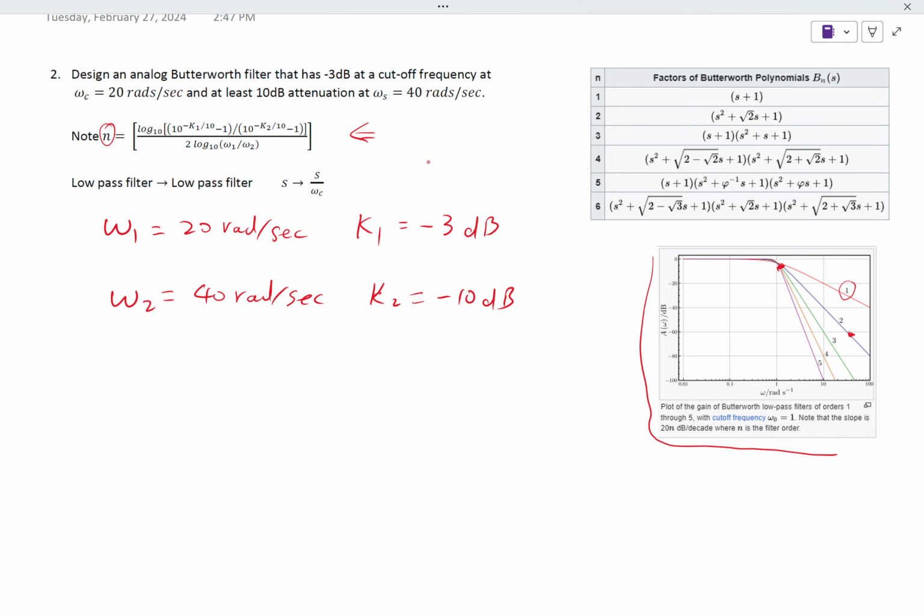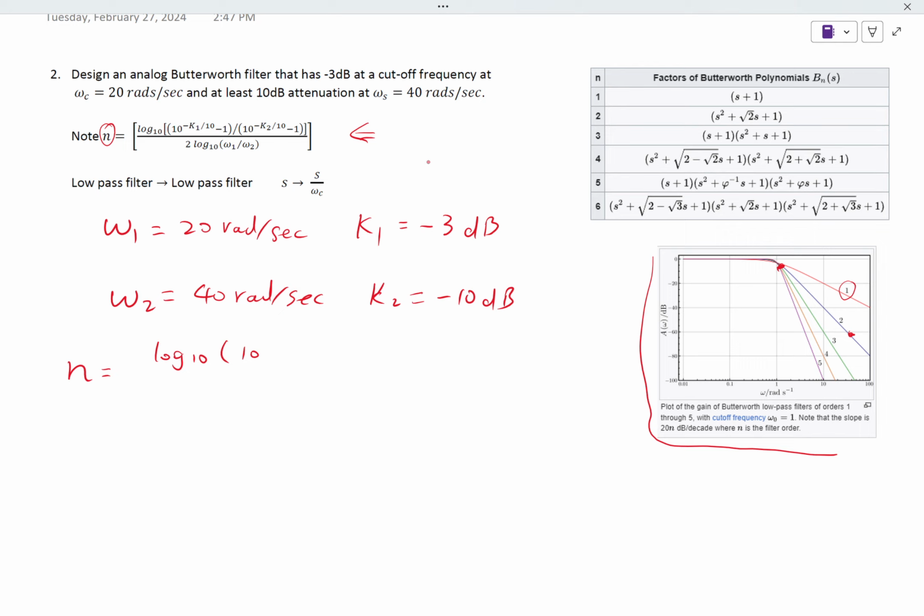After that, we're going to choose one of these denominators as the template. Then we replace this to plug in omega s. Let's do that, to find out n. n equals log 10, and plug in 10 to the order of negative 3 divided by 10.